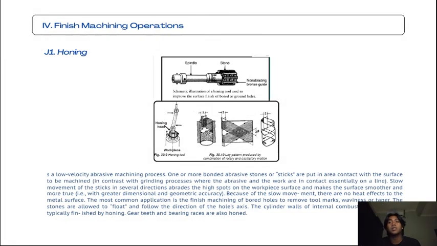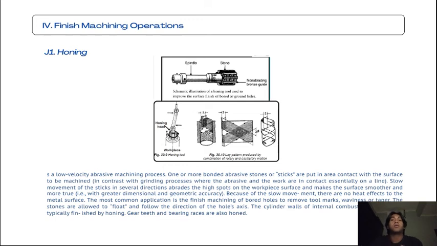Okay, now we're going to the fourth topic from this video, which is finishing machining operations. The first subtopic is honing, which is a low velocity abrasive machining process in which one or more bonded abrasive stones or sticks are put in area contact with the surface to be machined.